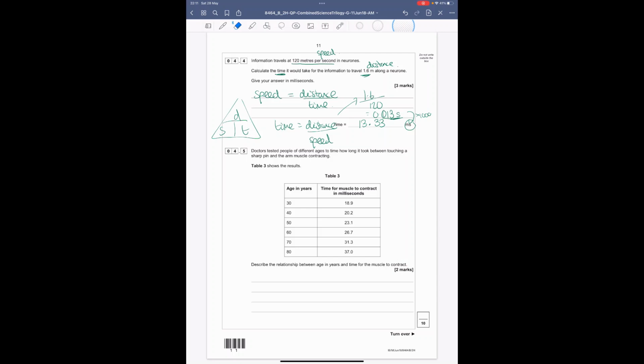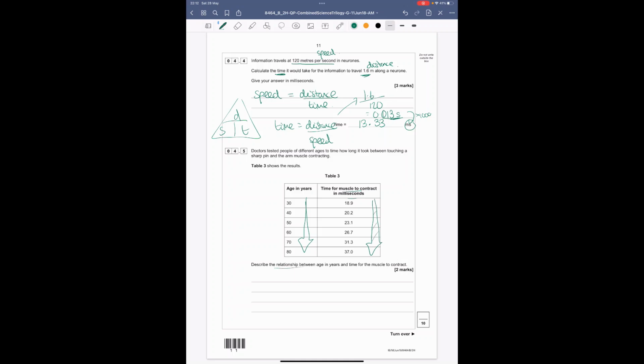Question 4.5 then. Doctors tested people of different ages to time how long it took between touching a sharp pin and the arm muscle contracting, and it shows your results. So you've got the increasing ages of the patients, and then you've got their time taken for their muscle to contract. So you can very much see the pattern quickly, what's happening.